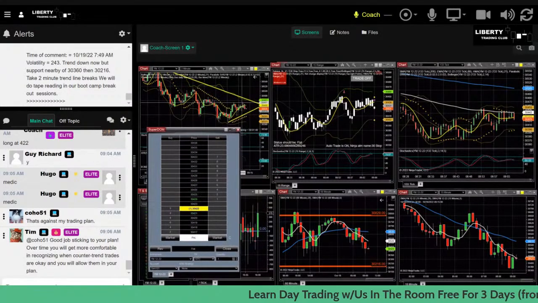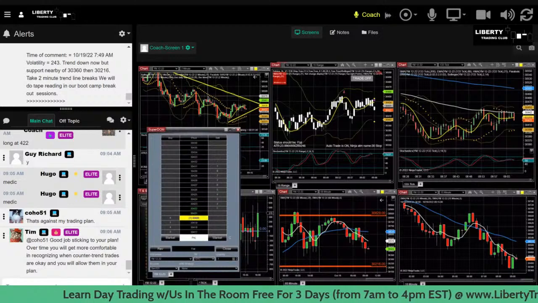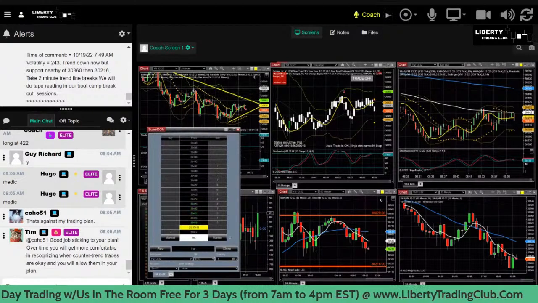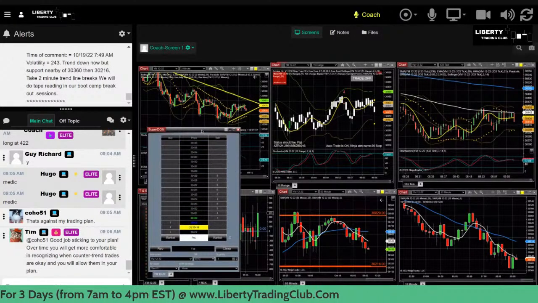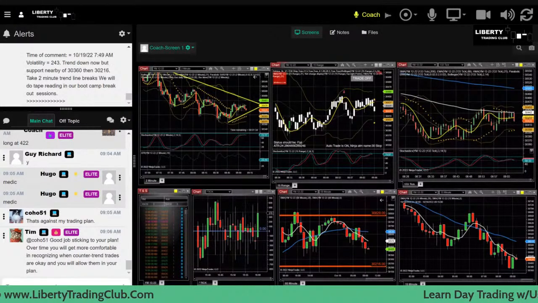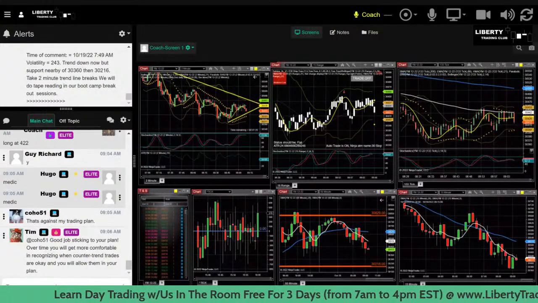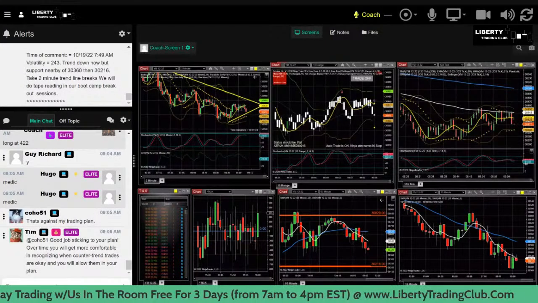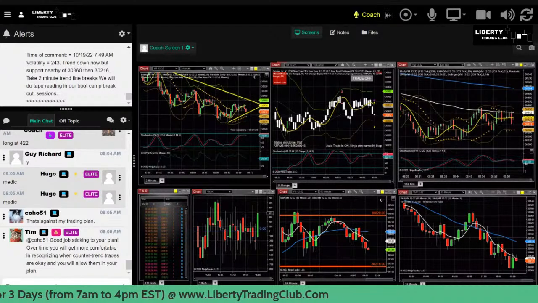I would like to see it a little bit higher and short it toward this resistance here, like 480 or the top at 513. That would be very, very nice. I'll pull this up again if we get near that 450. There's a little M there on the 15 range chart.